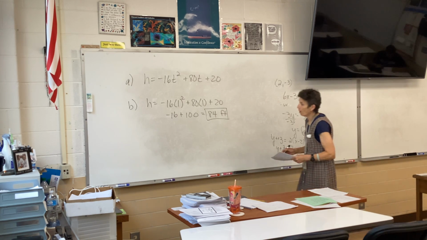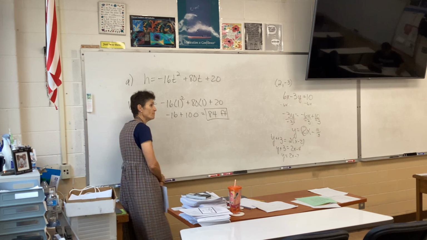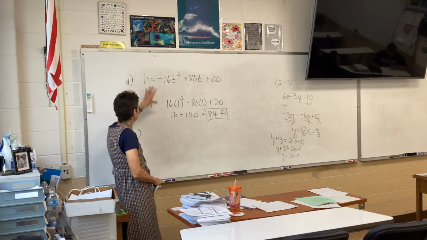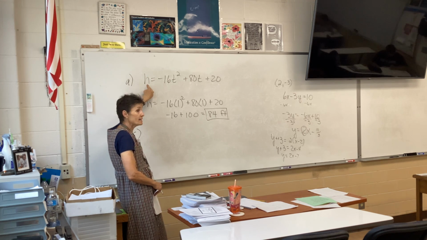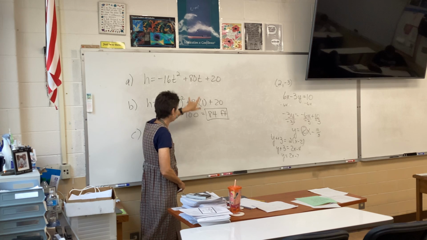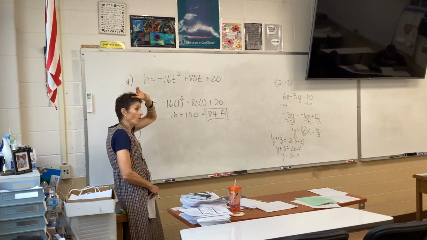When is the ball on the ground? So part C, sounds familiar. Here's your equation. You're gonna plug a number in here or a number in here. Last time we plugged it in here. When is the ball on the ground?